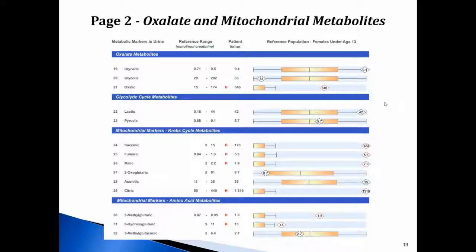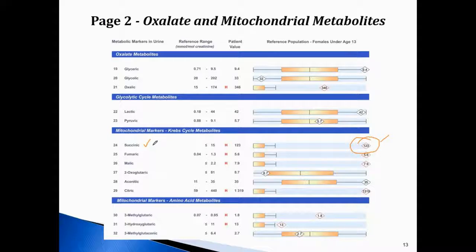One of the markers to look out for on any organic acid test is succinic. Succinic now appears to be a really strong independent marker for mitochondrial damage.